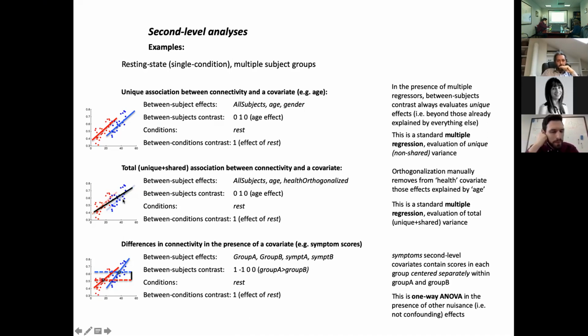Well, maybe let me ask this a different way. It sounded like when you were explaining what that black line was doing, it was connecting the 0 point in the healthy group with the 0 point in the red group and the 0 point in the blue group, but because you've gotten rid of the effect of, oh, I see.